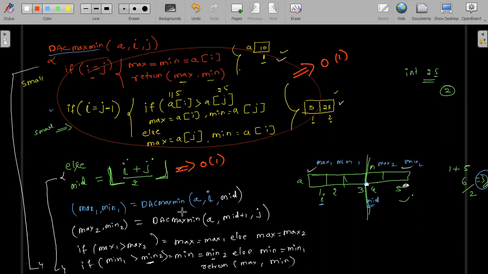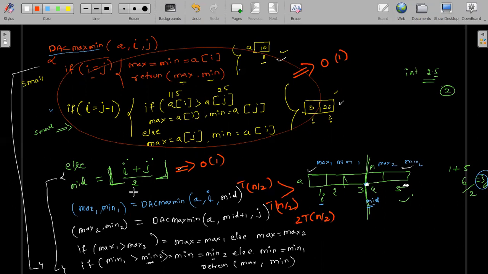So an array having n elements, divided by 2, gives n by 2 here. Here also n by 2, so totally T of n by 2 plus T of n by 2, that is 2 T of n by 2.